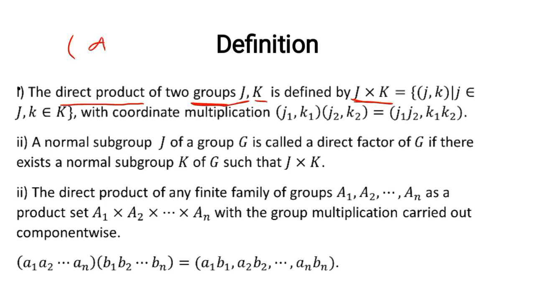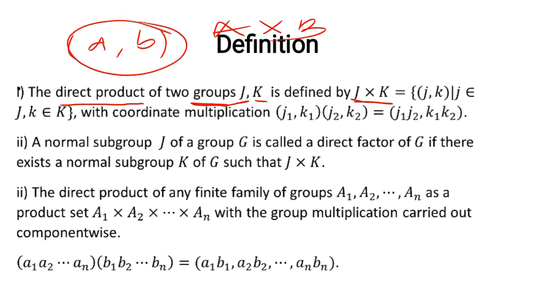You could have (a, b) if you're multiplying A cross B, okay? So it takes this form. In our case, we have J cross K, right? So with the small letter j from the capital letter J and the small letter k from the capital letter K, which is written here mathematically expressed as this, okay?